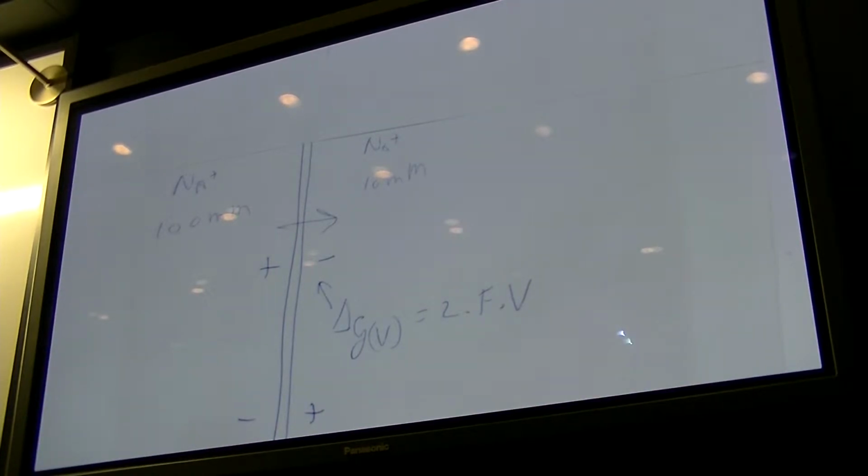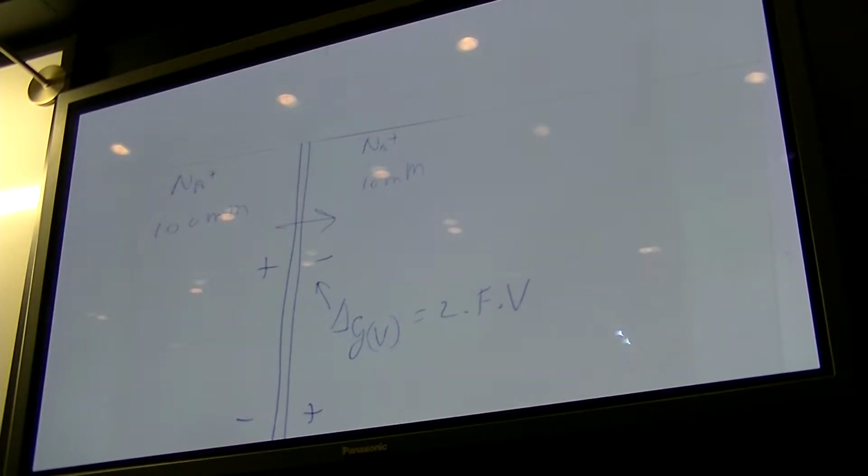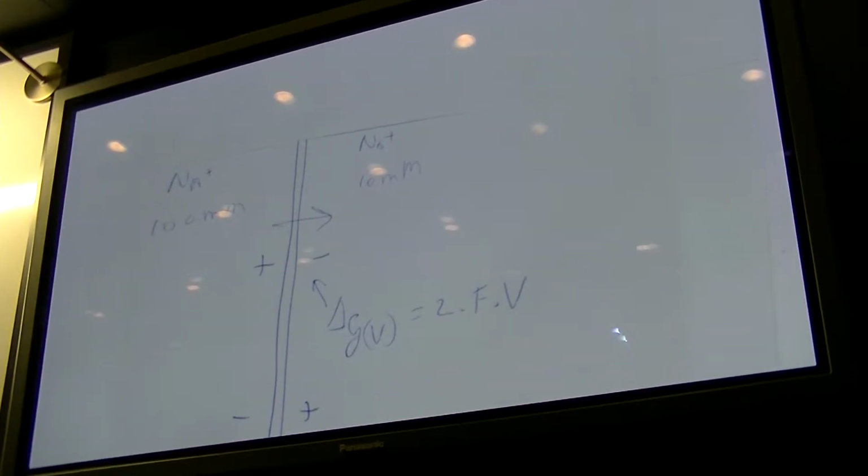We decide that ultimately the delta G in response to the membrane potential is going to be negative. If the membrane potential doesn't favor sodium movement, then that delta G is going to be positive.